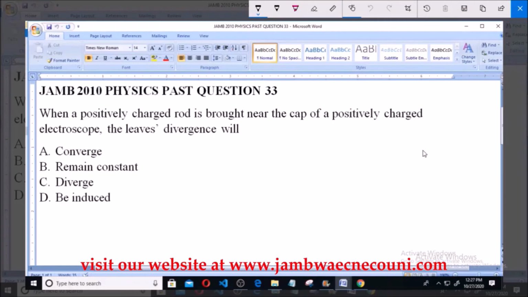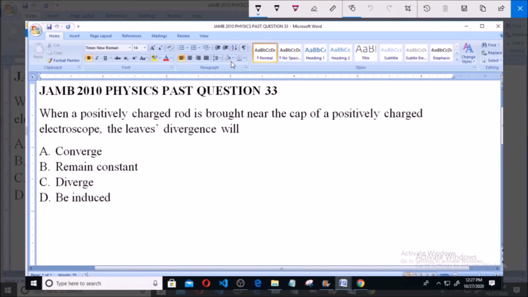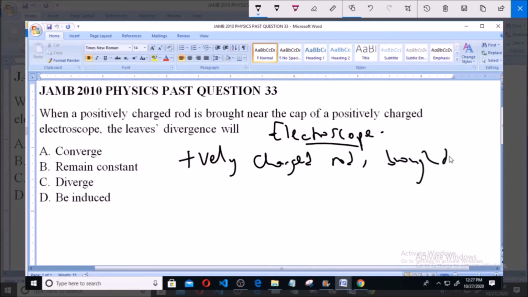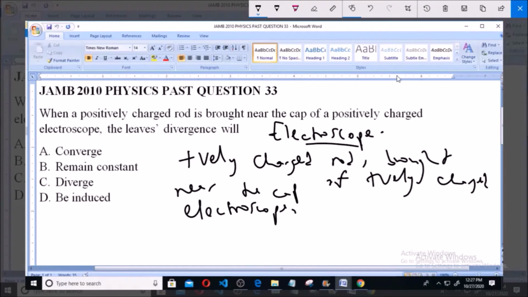So this is talking about an electroscope. We are asked what will happen to the leaves when a positively charged rod is brought near the cap of a positively charged electroscope.